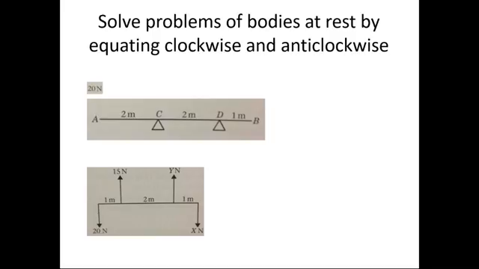So if we had a situation where we've got a force here, and it's like the legs of a table. We just sort of put legs here, we put the table here. There might be 1 metre to the edge here, 2 metres to the edge here.